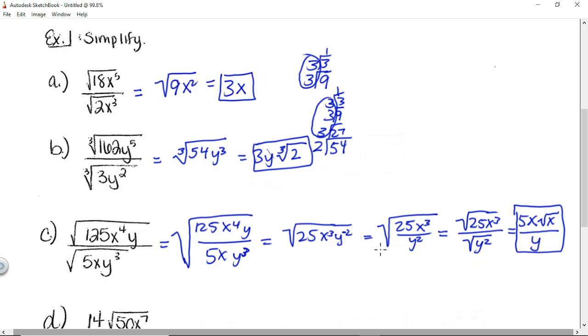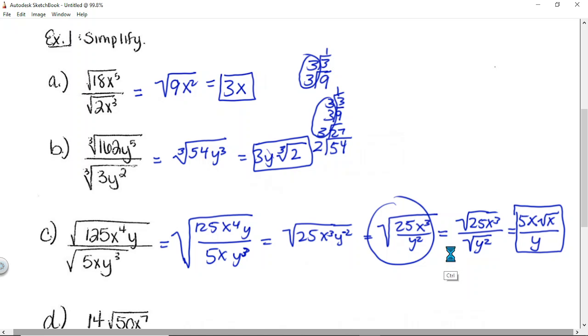Okay, so you don't have to write these intermediate steps. We did not have to write this because we knew we were going to take 125 divided by 5 and get 25. So we could have gone straight to that without writing this intermediate step here. Similarly, over here, I wrote this step just to show that we're going to break it back into two of them.